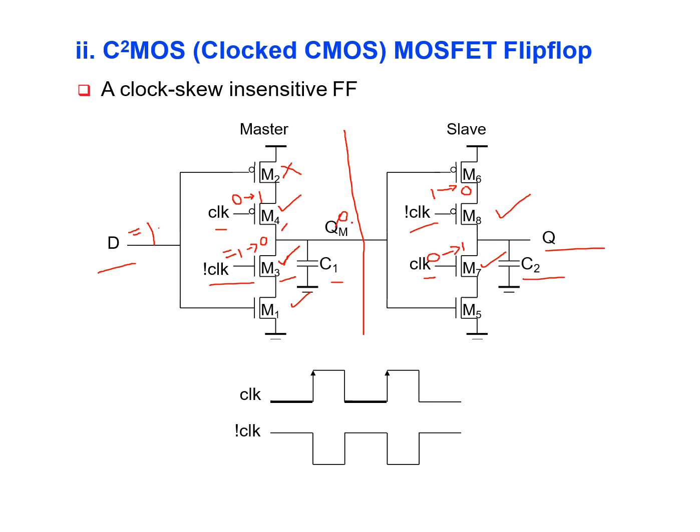Now this QM will be propagated to your output in inverted form. This 0 goes to M6 and M5. Now your PMOS M6 is on and M5 is off, and you will get your output as 1. So whatever the value of D will be propagated to your output after the clock transits from 0 to 1. This is a clock skew insensitive flip-flop.